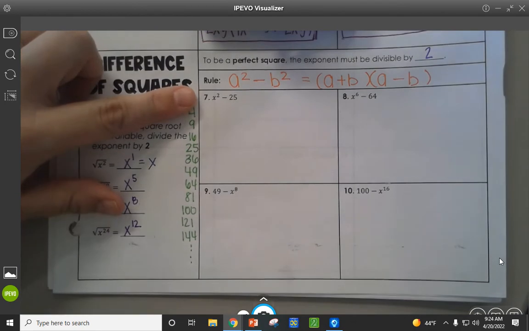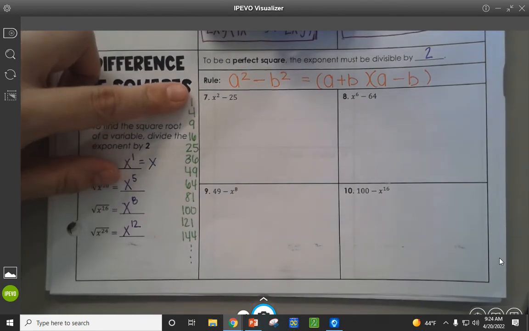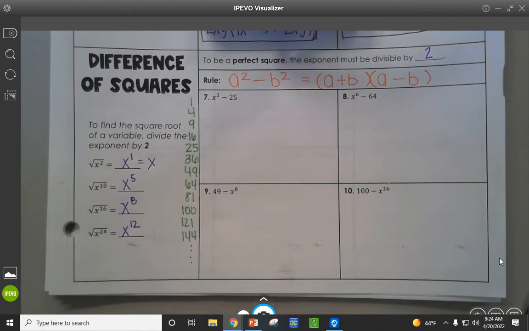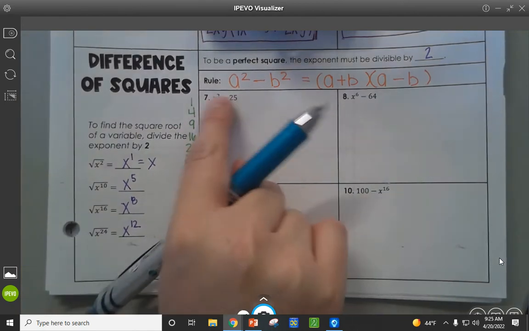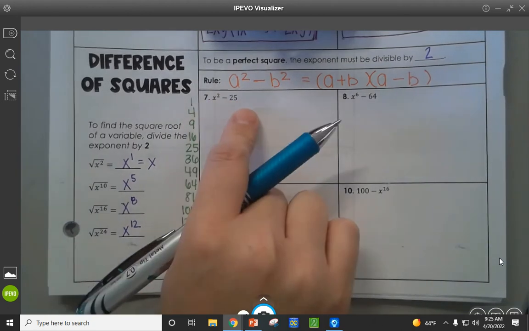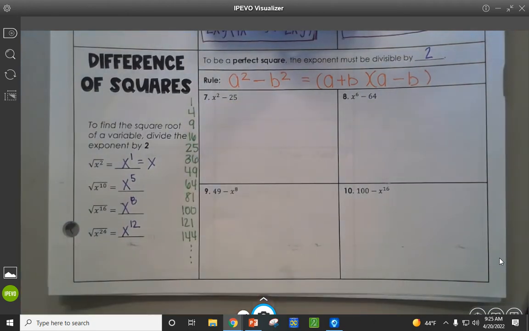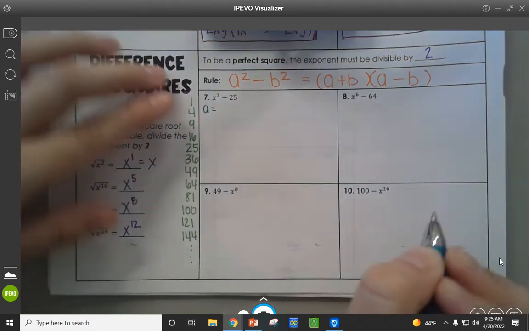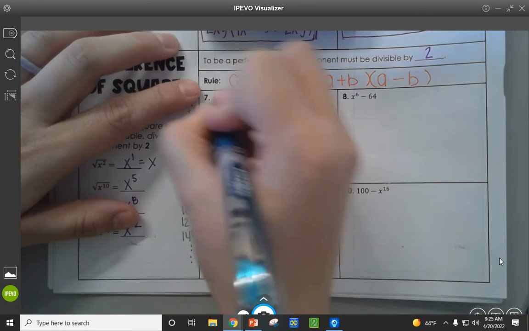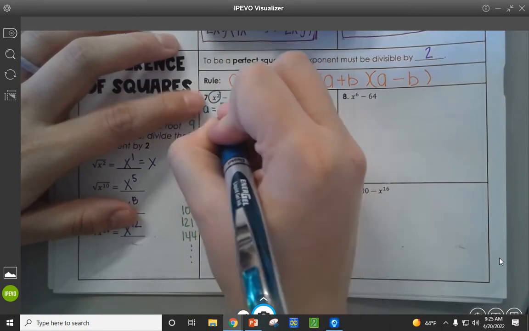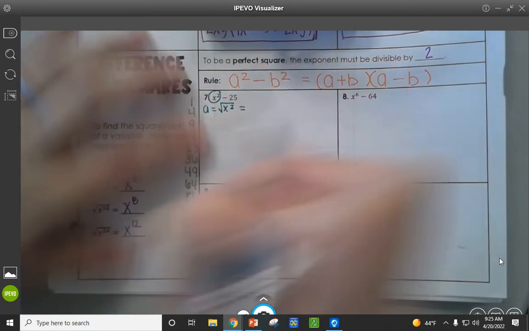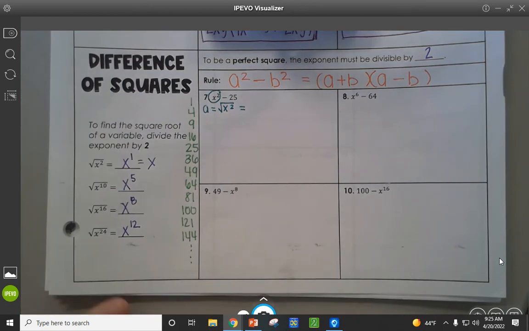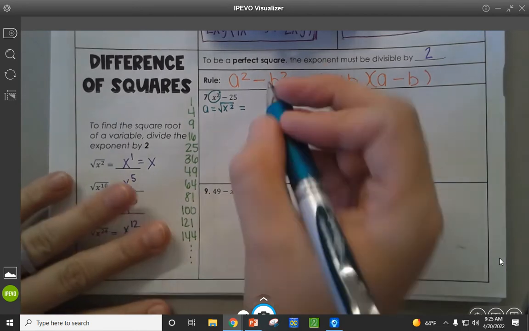Number 7, I have x squared minus 25. Number 1, is it a difference? Yes. Are both of these perfect squares? Yes. So it's a difference of squares. So I'm going to find a, and that is the square root of this first one of x squared. What is the square root of x squared?